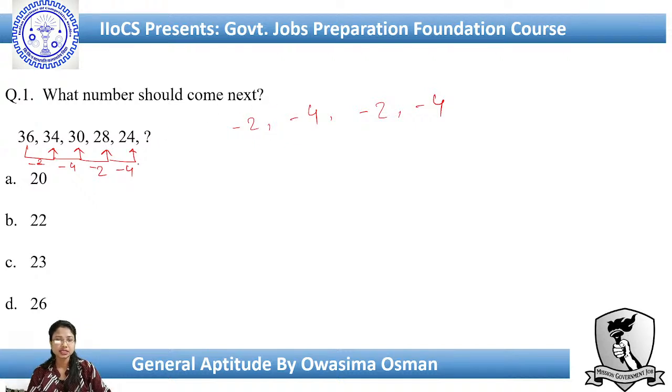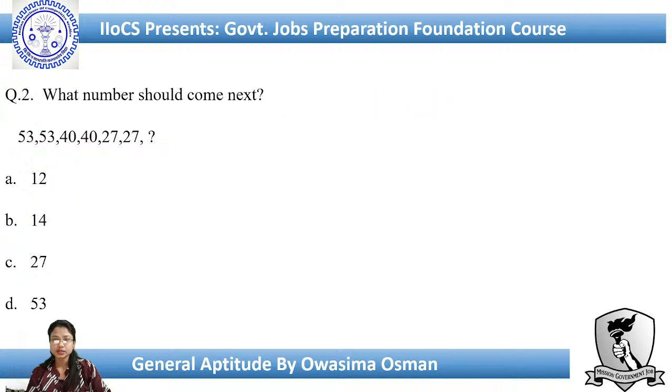It will repeat, so we have to do -2 from 24, and 24 - 2 is 20. So our answer is option B.